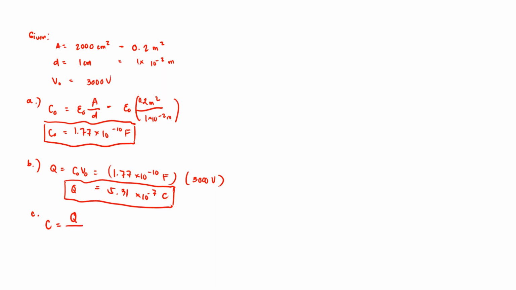So we have Q over V. What we know is that Q is equal to 5.31 times 10 to the minus 7 coulomb divided by the voltage, which has become 1000 volts after inserting the dielectric.